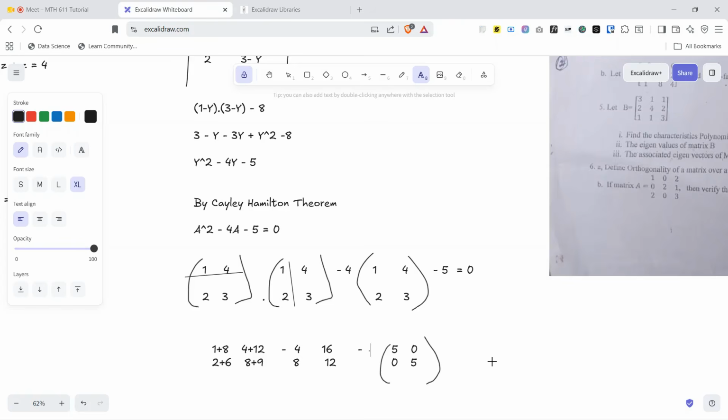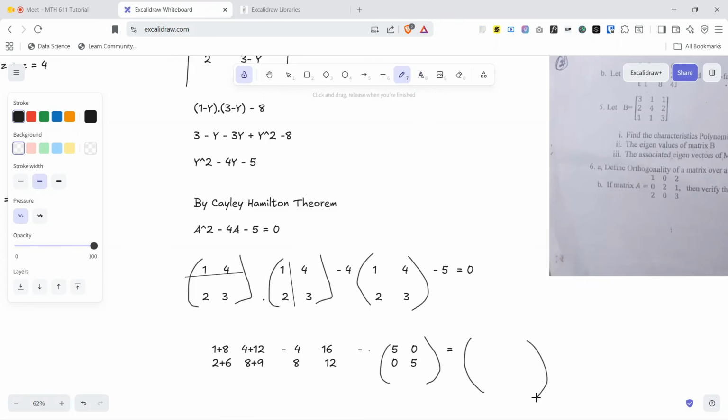Remember that all of this is equals to 0. This is the same as the zero matrix, 0 0, 0 0.